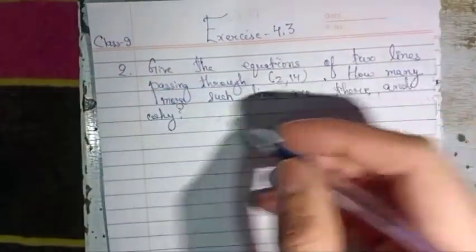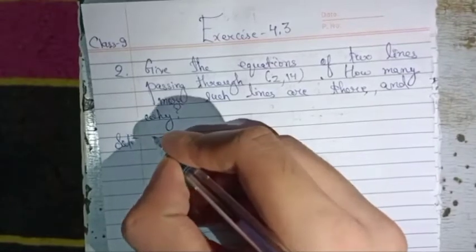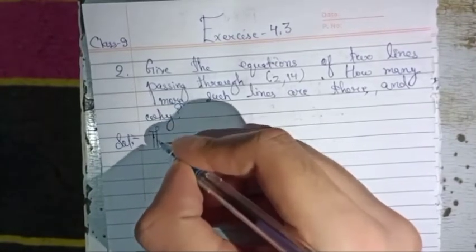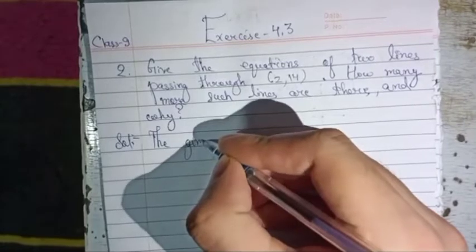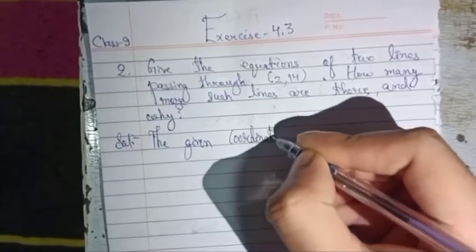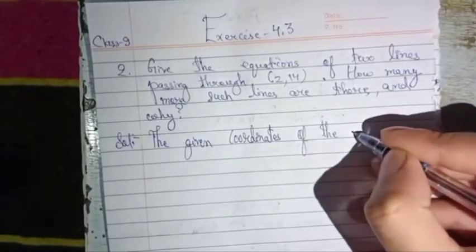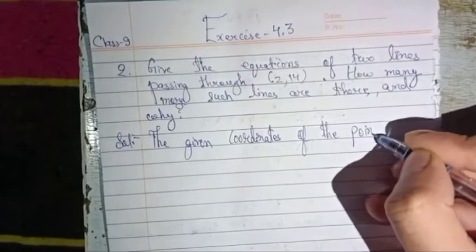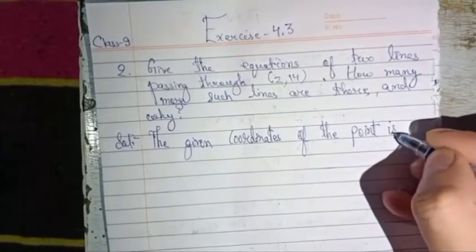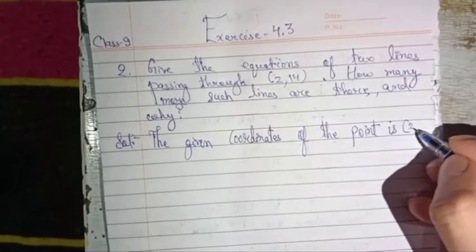So first of all, we'll write the given coordinates of the point: 2, 14.